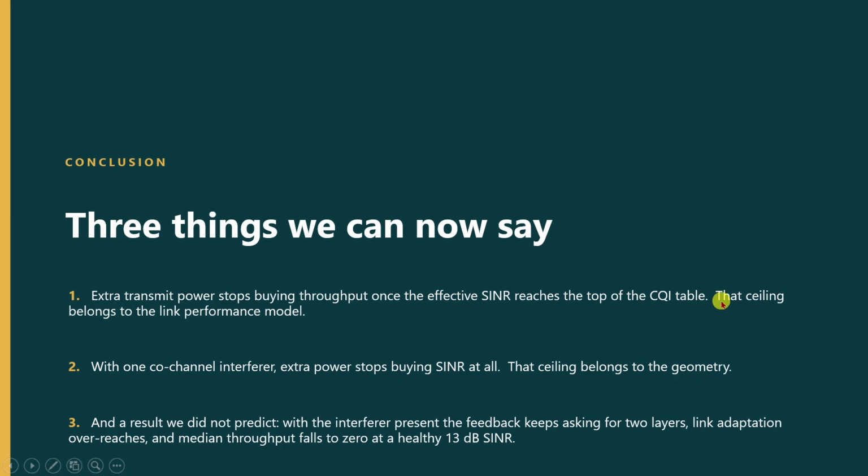The ceiling belongs to the geometry. And thirdly, the result we did not predict: the interferer present in the feedback keeps asking for two layers, link adaptation overreaches, and mean throughput falls to zero at a healthy 13 dB SNR.